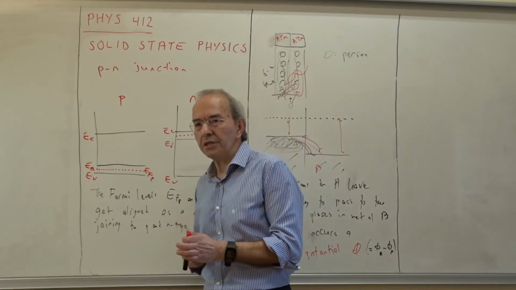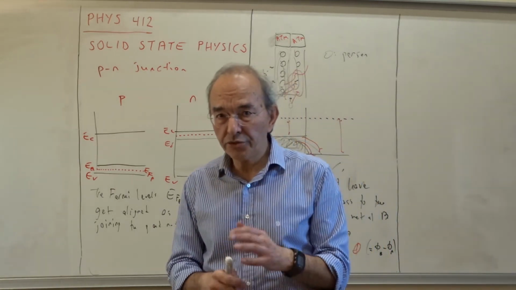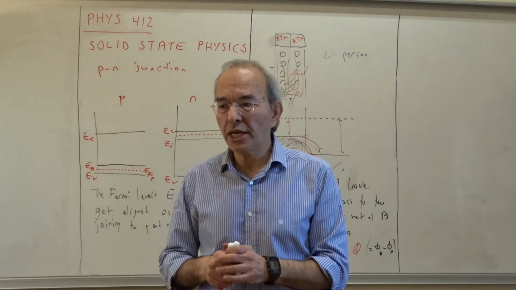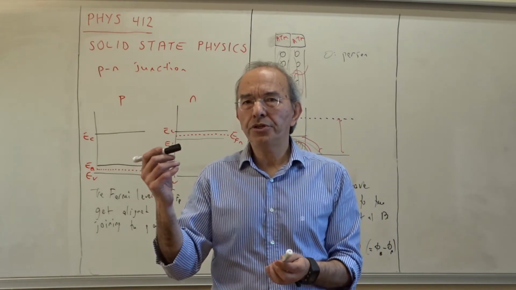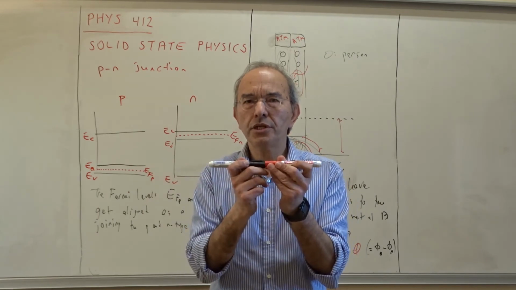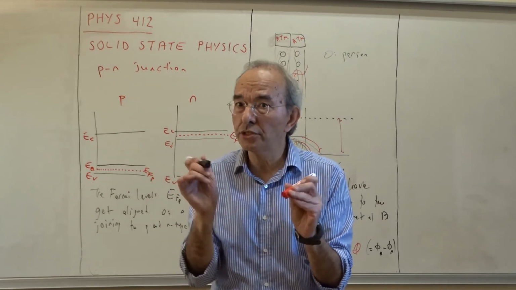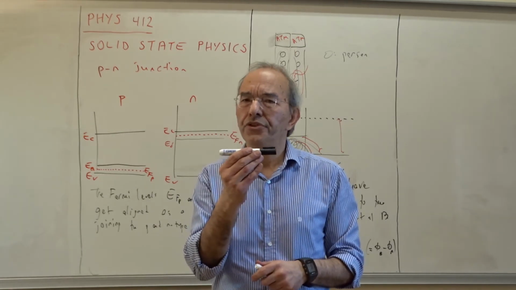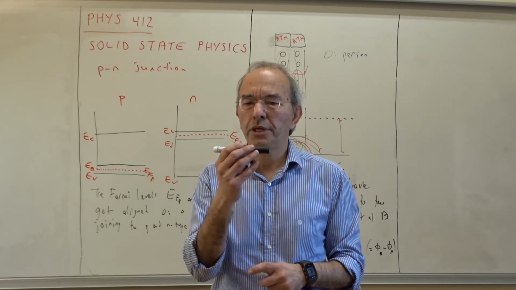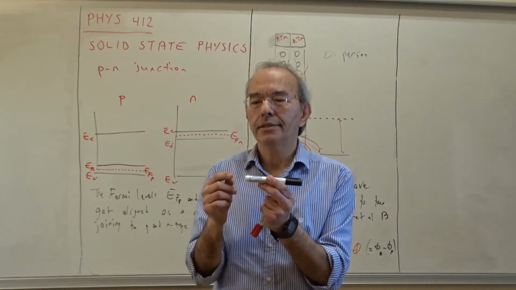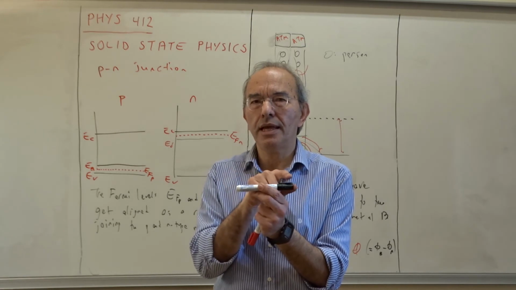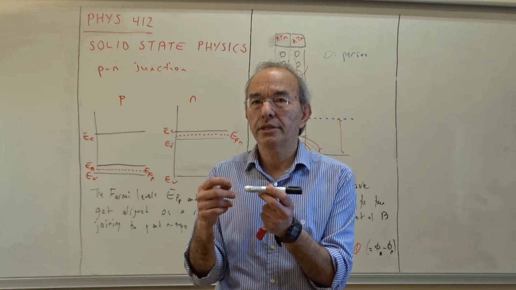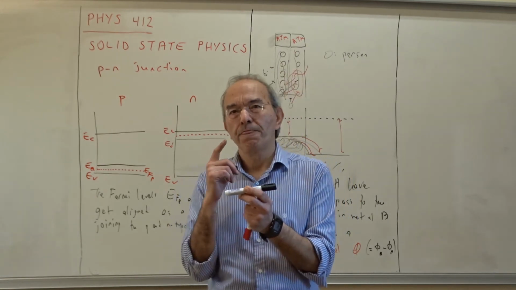Let me immediately say that in reality, in production processes, this is not obtained by just taking a piece of n-type material and a p-type material and touching each other to form a PN junction. Instead, they take a single intrinsic sample at the beginning. Let's say this is the p-type end, this is the n-type end. Remember the diffusion process we saw in the previous lecture.